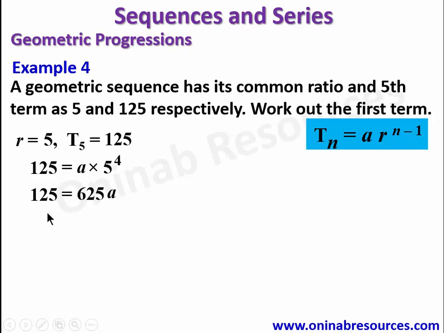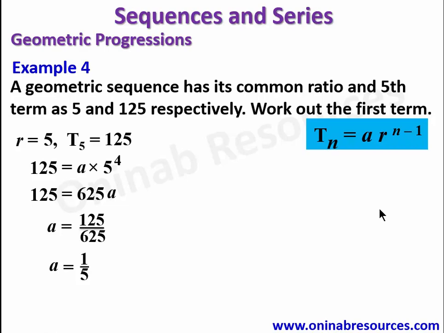Making A the subject of the relation, we have it as 125 divided by 625, giving A to be 1 over 5. 125 times 5 gives 625. So that is the solution of example 4.